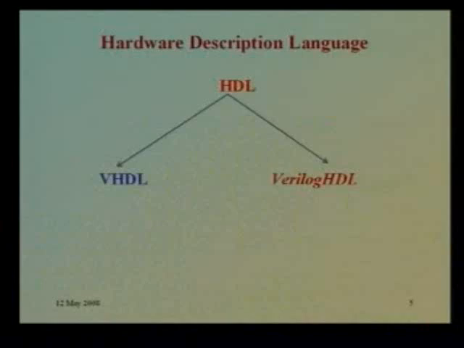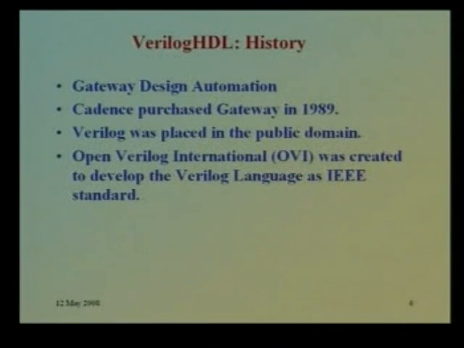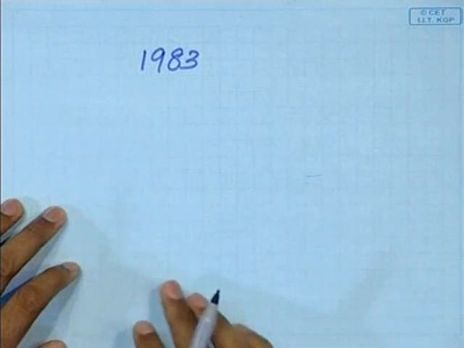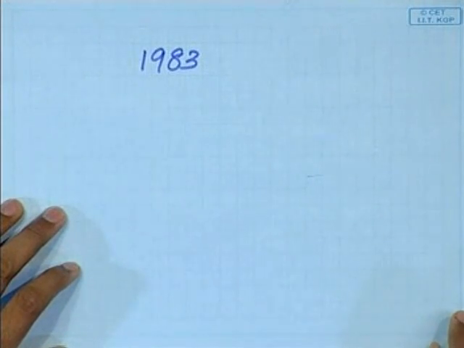Now we will focus on the Verilog HDL. The history of the Verilog HDL is like this. Gateway Design Automation is the company that started the Verilog HDL; the concept came in 1982 and it was used full-fledged in 1983.